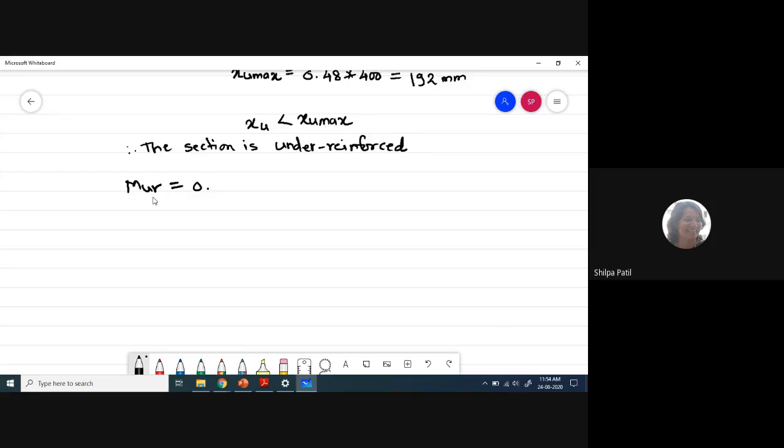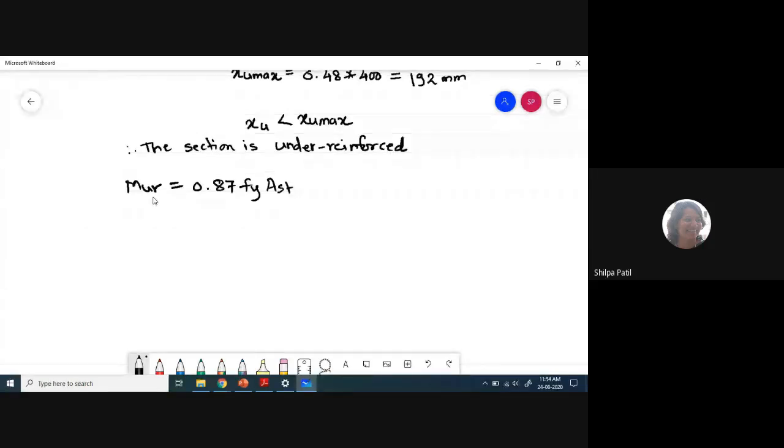I am using this formula because it gives me the easy calculation, even though the first formula is also easy.